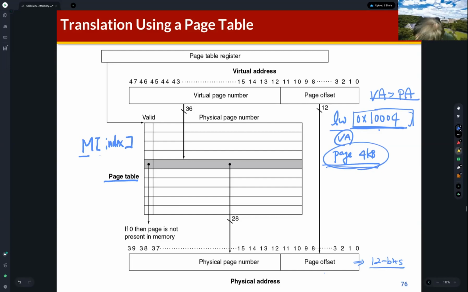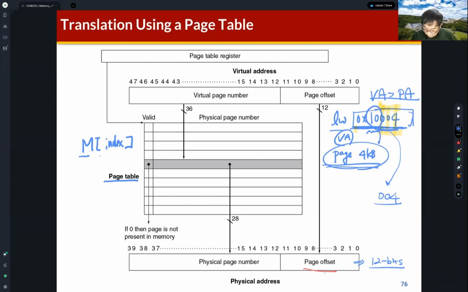In this example, this is a hexadecimal number, and these 3 digits represent the page offset. This is not translated; it is just copied to the page offset of the physical address. But the upper part, in this example 10, needs to be translated.